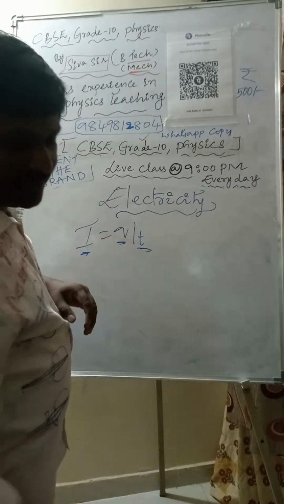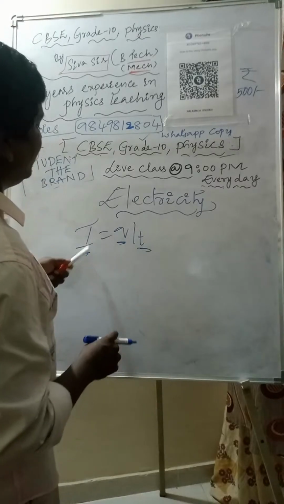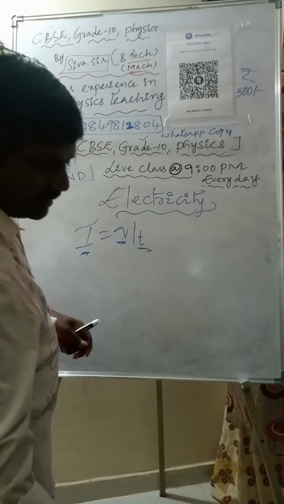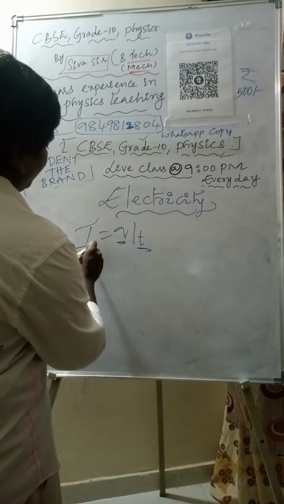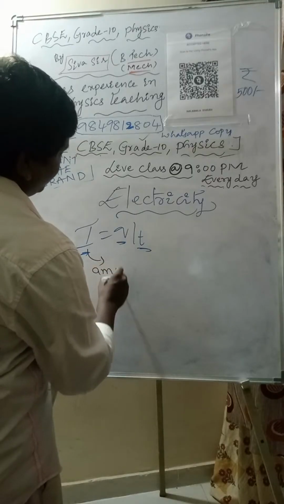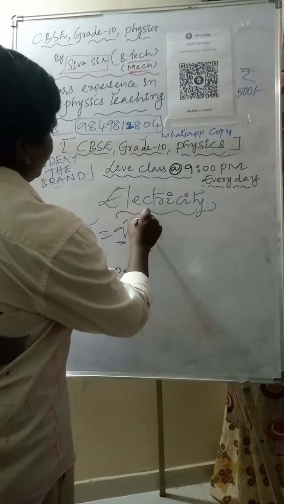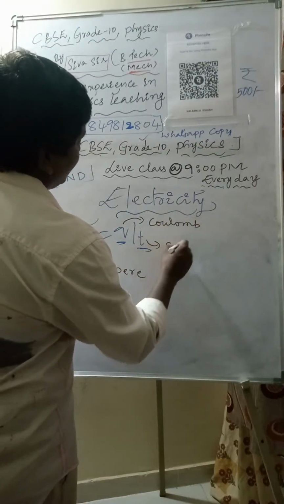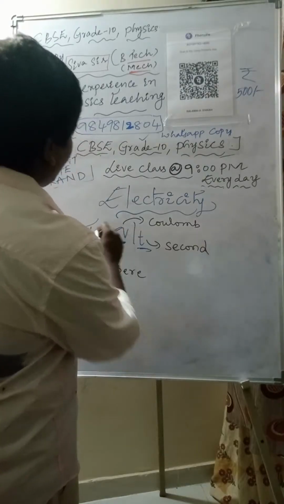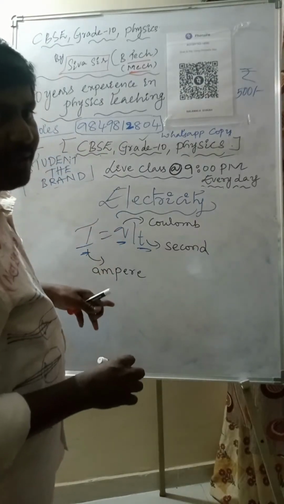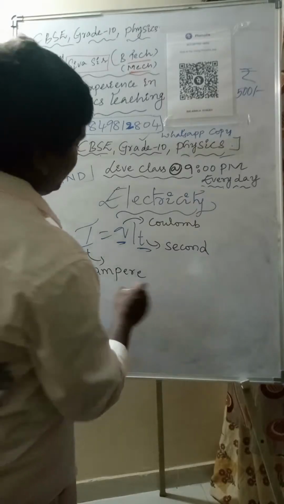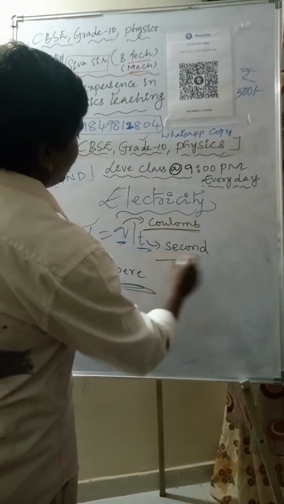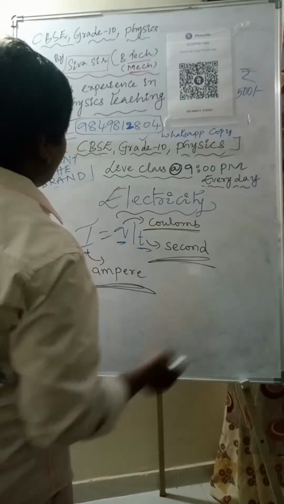So I is the current, Q is the charge, T is the time. The SI unit of current is ampere, the SI unit of charge is coulomb, and the SI unit of time is second.